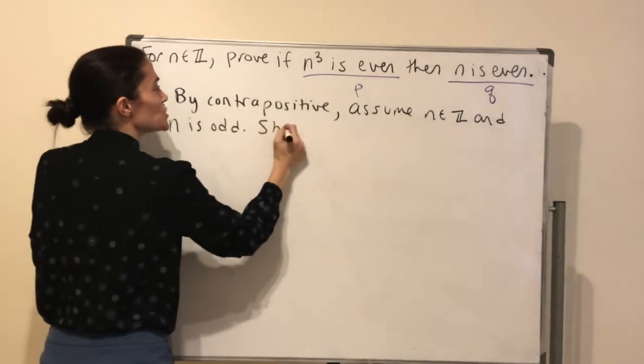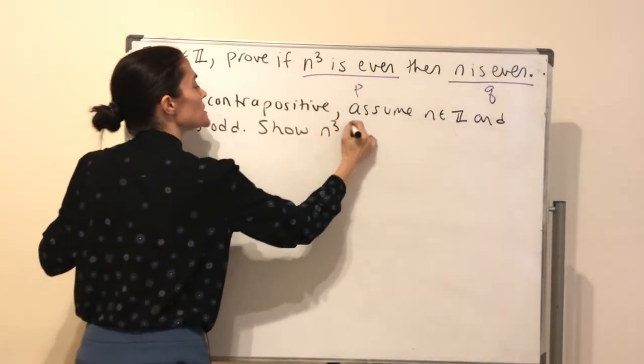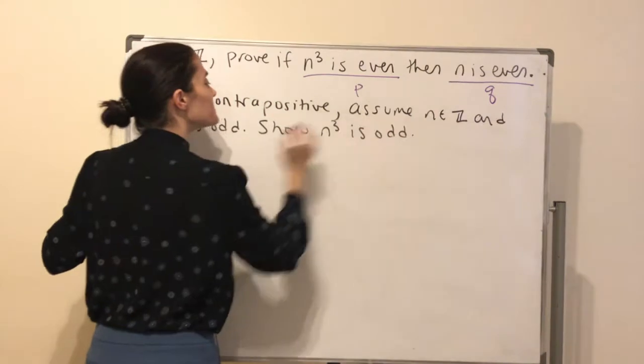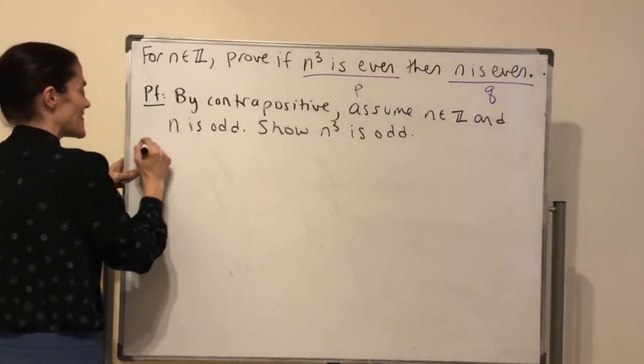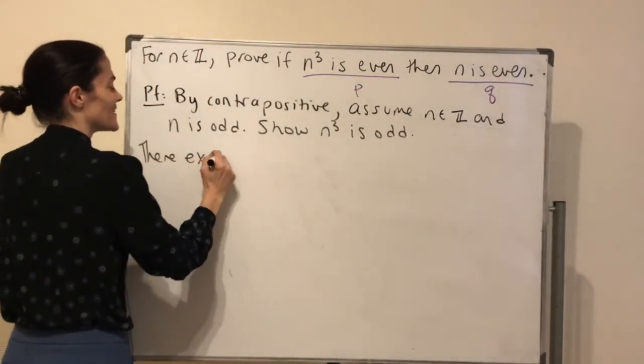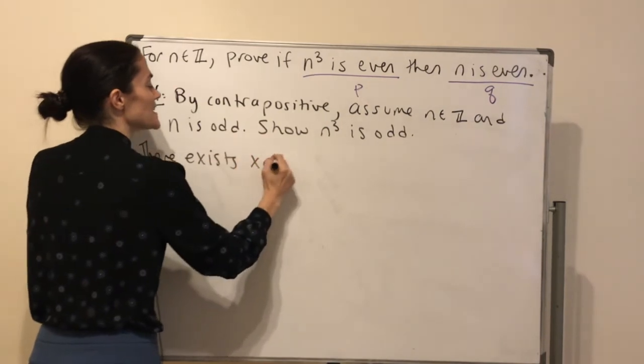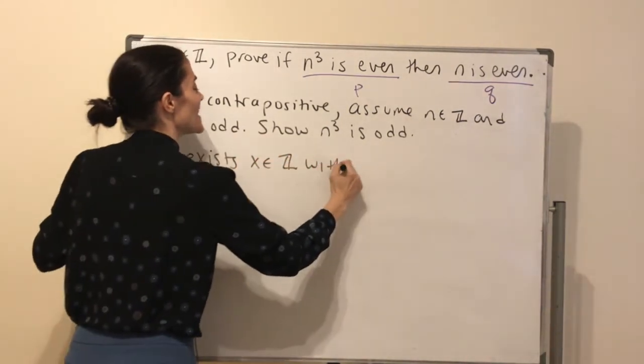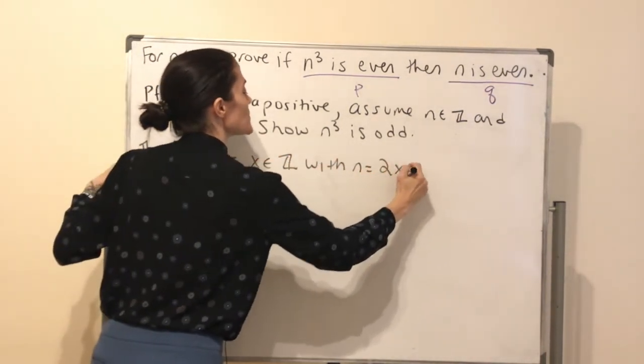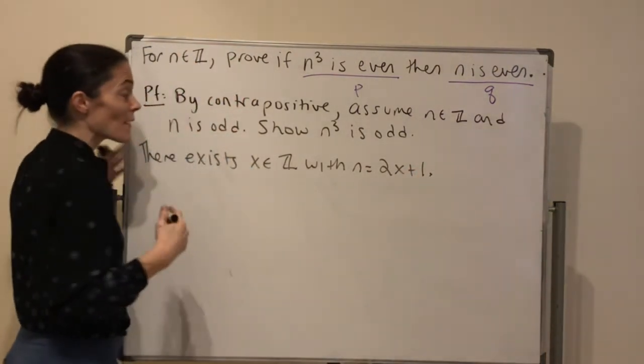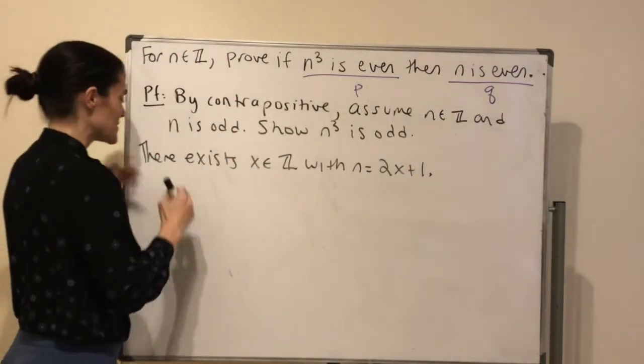And then we want to show n cubed is odd. Okay, there exist x and z with n equals 2x plus 1. And now I want to say something about n cubed.